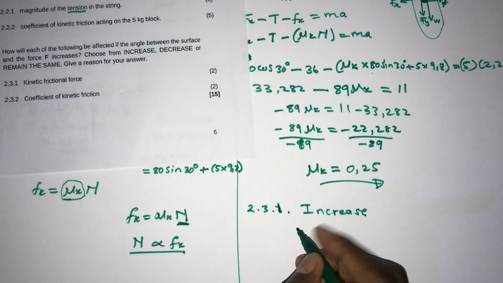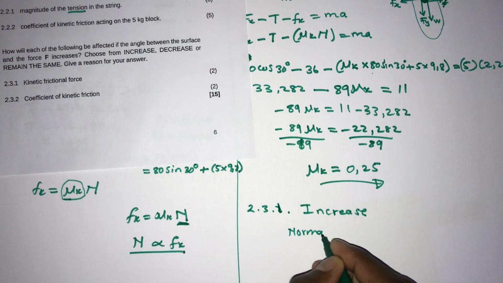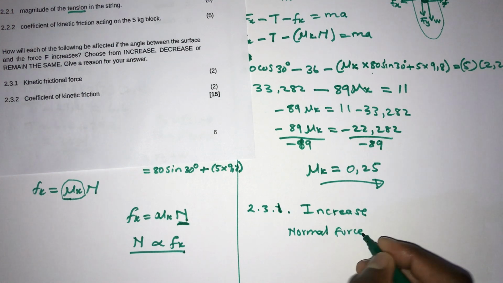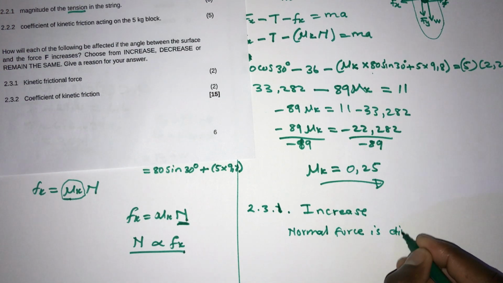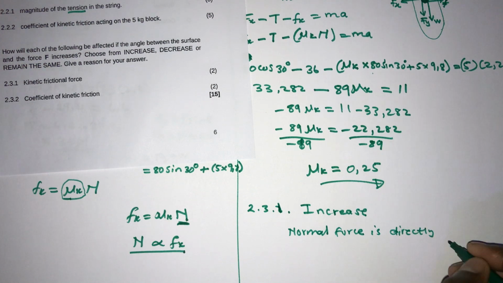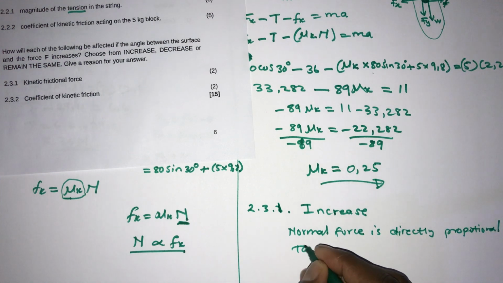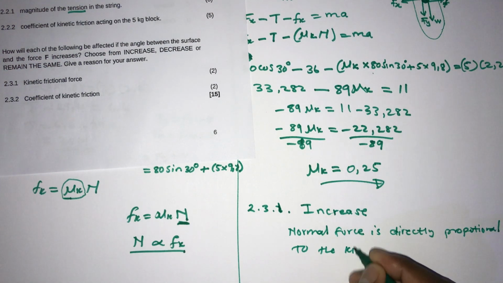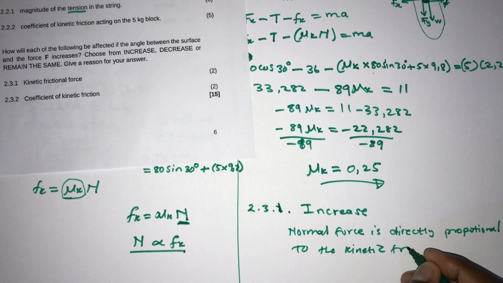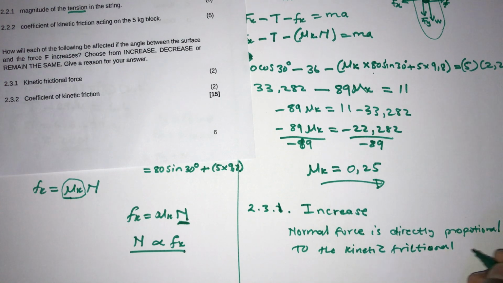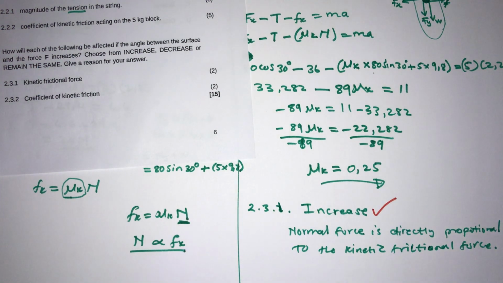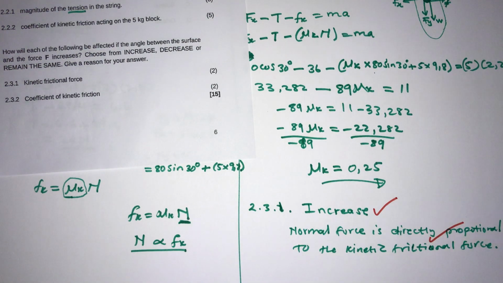So the reason is normal force is directly proportional to the frictional force, or to the kinetic frictional force. Right, so here is a 1 mark for saying it will increase, and then here is the 1 mark for the reason.